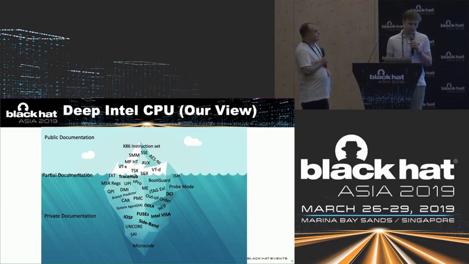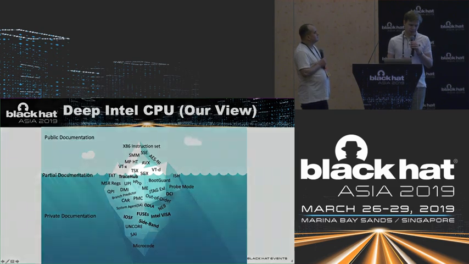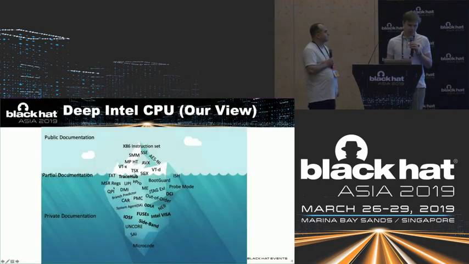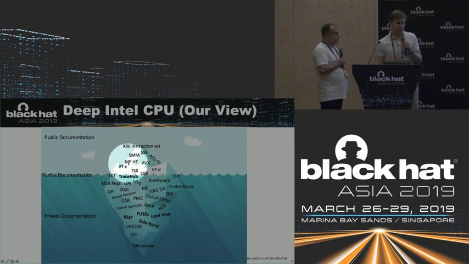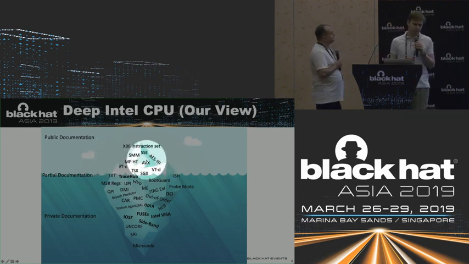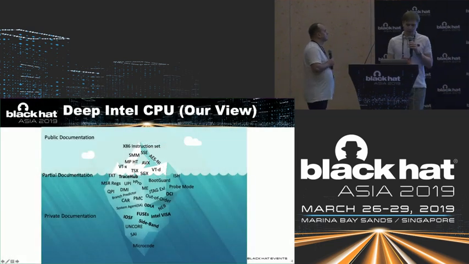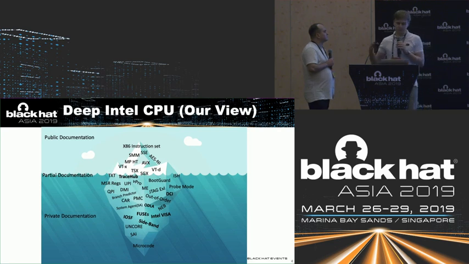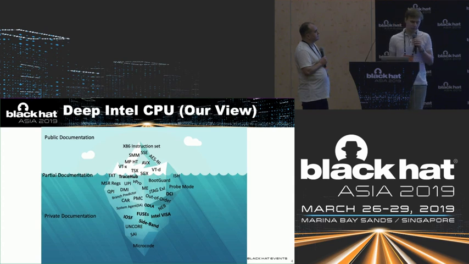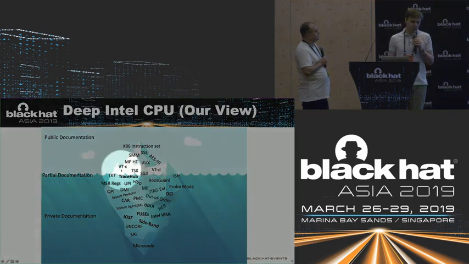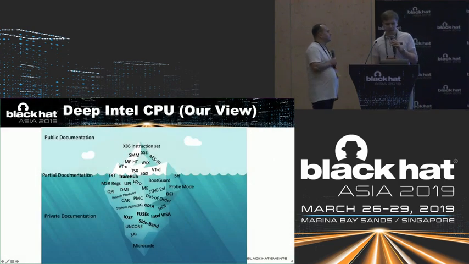We have three big slices. First, public documented technologies like the instruction set, like system management mode, or instruction extensions like SSE, and many others. Second, partially documented technologies like ME, like Boot Guard, like MSR registers, and many others.